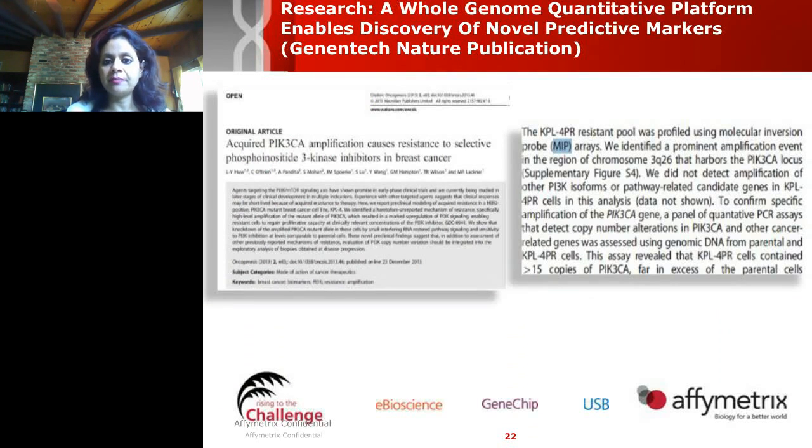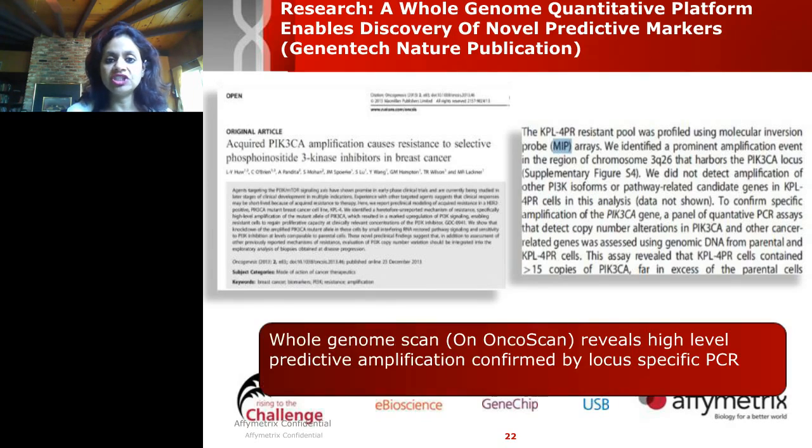So one of the important papers for biomarker discovery that I would like to highlight was published in Oncogenesis, a Nature publication. This was a study conducted by Genentech, where they did a whole genome scan on several breast cancer samples, and they were able to identify and validate a novel biomarker, which was an acquired PI3 kinase amplification that causes resistance to selective PI3 kinase inhibitors in breast cancer.